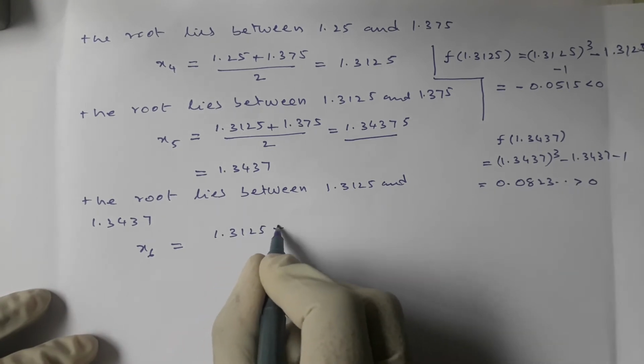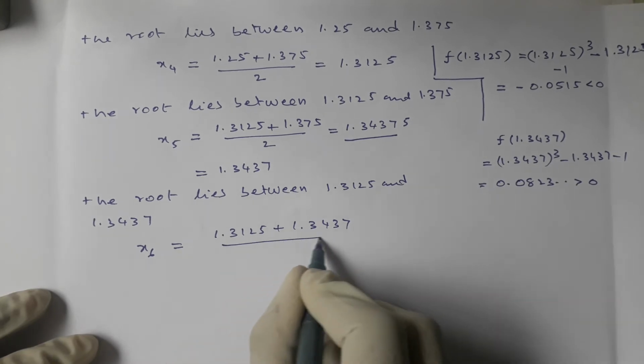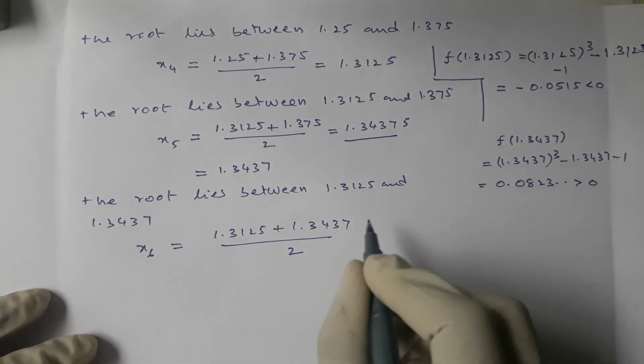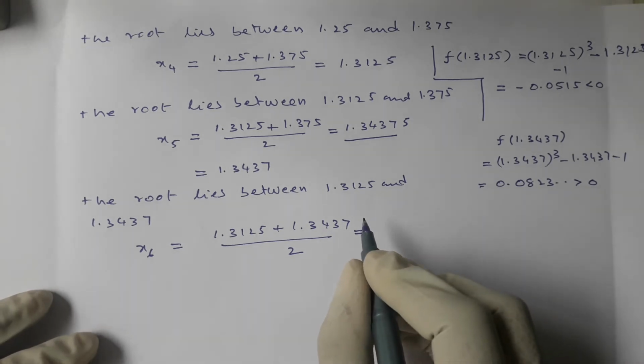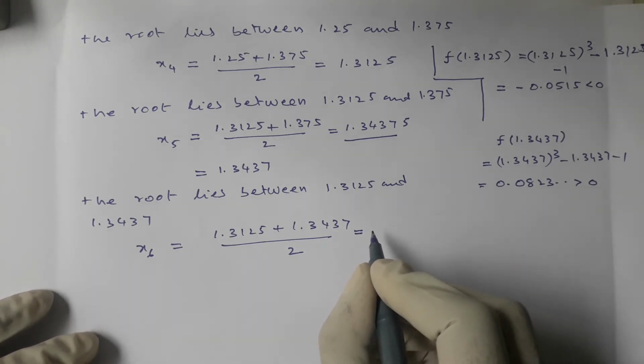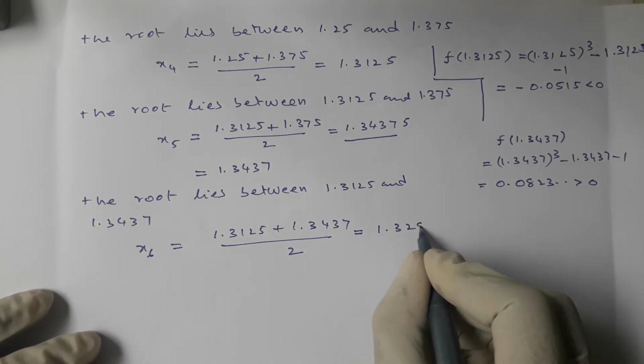Next approximation root x6 is equal to 1.3125 plus 1.3437 whole divided by 2, which is 1.3281.